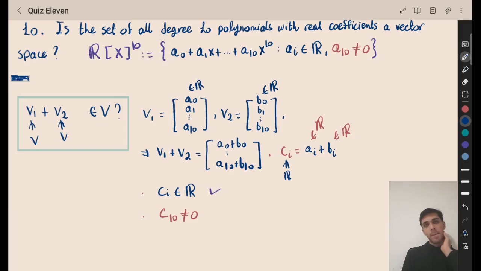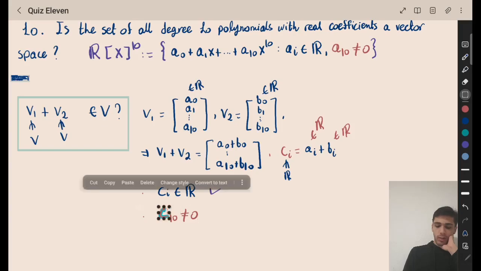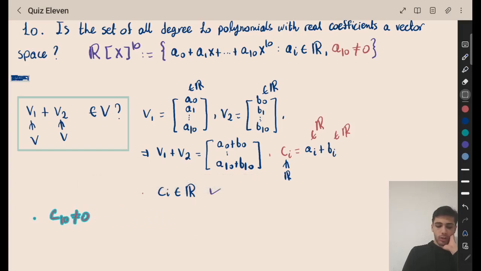So this is fine. But what about the other one? c10, which is equal to a10 plus b10, is not equal to 0. We're asking the question. We don't know this yet. So we've gone from this question to that question now.